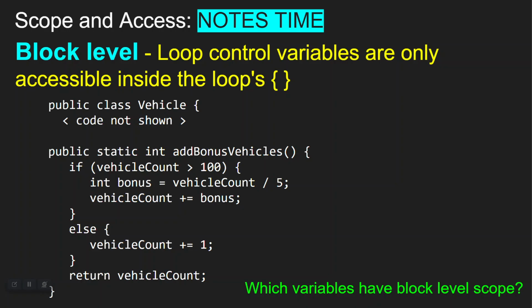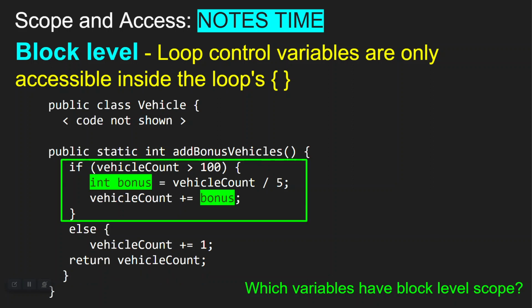All right, so on this one, I don't see any loop control variables. However, I do see an if statement. It says if vehicle count is greater than 100, and here we are inside this block declaring a new variable, int bonus is equal to that, and then vehicle count plus equals bonus. So here we are inside a block.